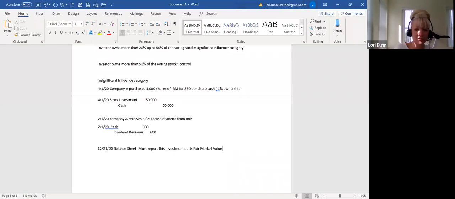And we're going to have a similar journal entry. The unrealized gain or loss is treated just like we did the unrealized gain or loss for a trading debt investment. It's reported on the income statement. So let's see how this works out. On 12/31/20, IBM's stock is trading at $55 per share.